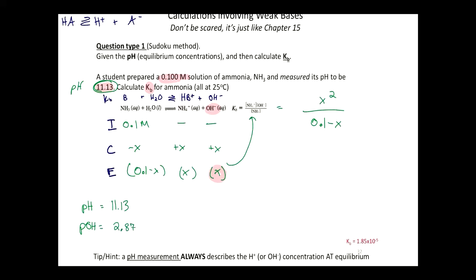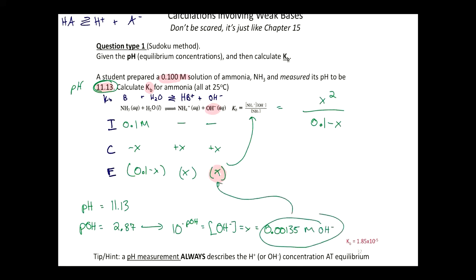And that's the number that we use. So 10 to the negative pOH tells me the OH minus concentration, and that is equal to X. So that number is equal to 0.00135 molarity hydroxide. And that is what X is.